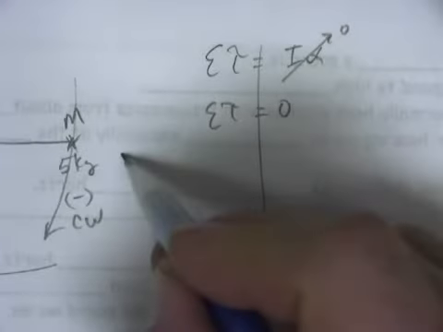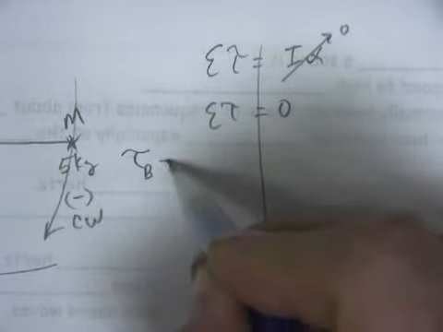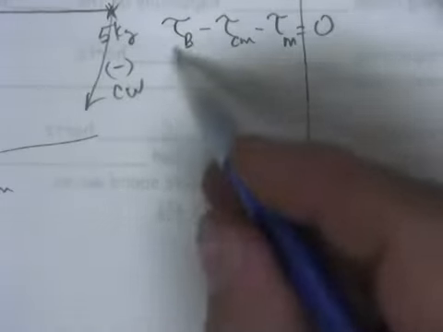So I've got 3 of them, and I'm going to plug them into my equation. I've got the torque exerted by the bicep muscle minus the torque exerted by the center of mass minus the torque exerted by the mass that's in the hand of the person. I'm going to scooch down a little bit so I have some place to write.